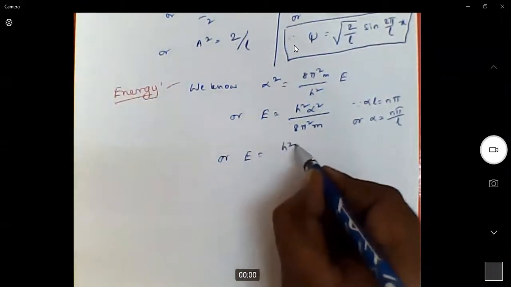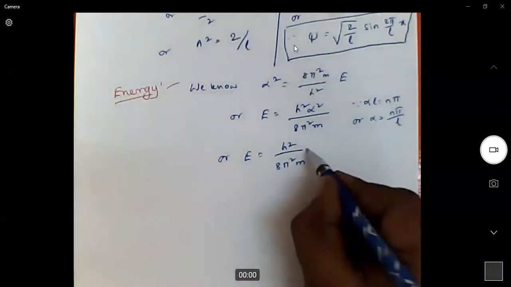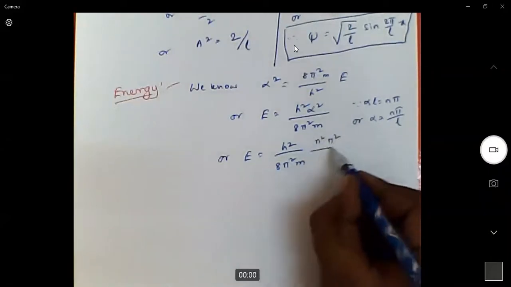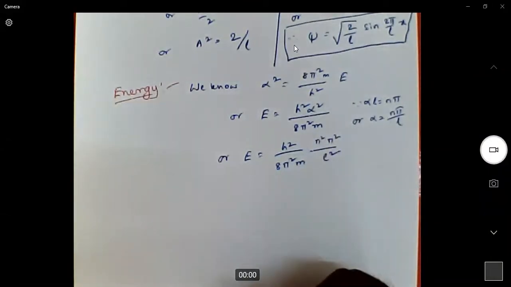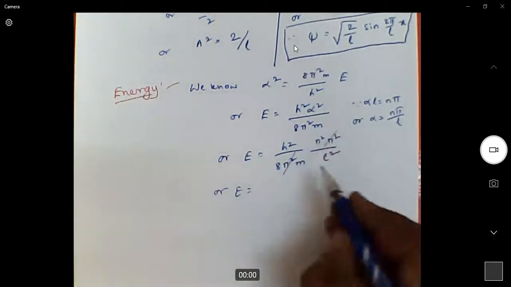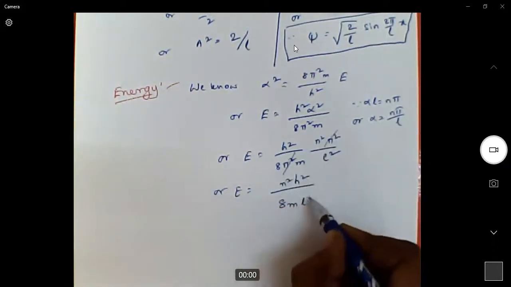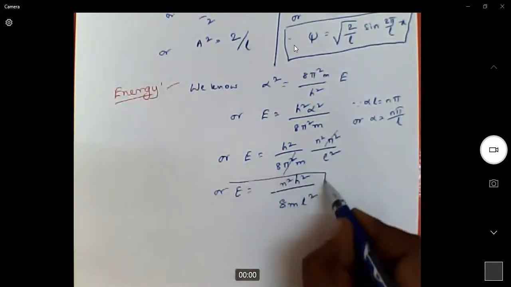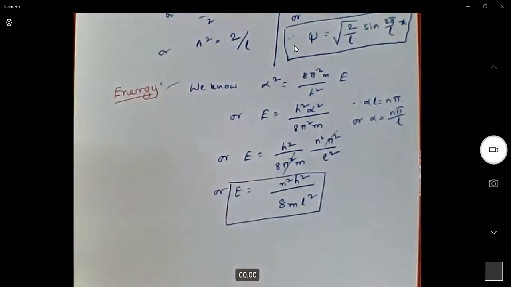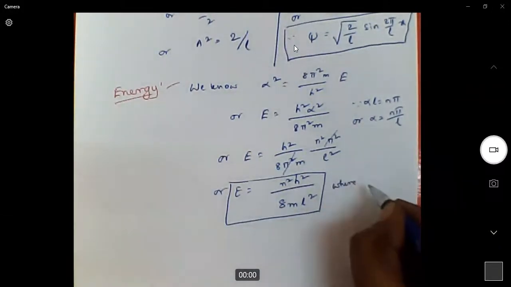E is equal to h squared by 8 pi square m into, what is alpha square? N square pi square by L square. Or E is equal to, pi square will get cancelled, n square h square by 8 m L square.